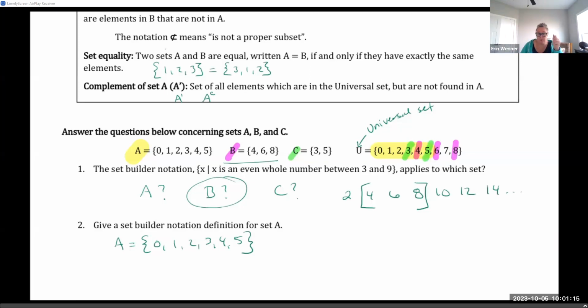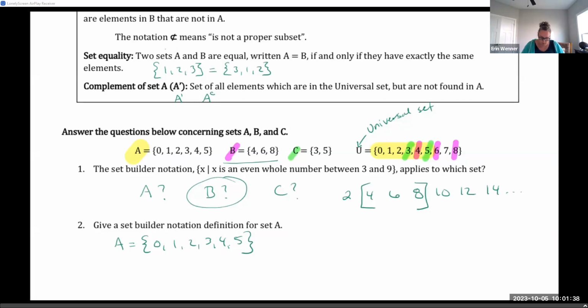So they're positive numbers, right? We know that they start at 0 and end at 5, right? Move from 0 to 5. And so there's a lot of ways we could write this out as words, right? But that's where the notation is helpful, because we can condense that down.